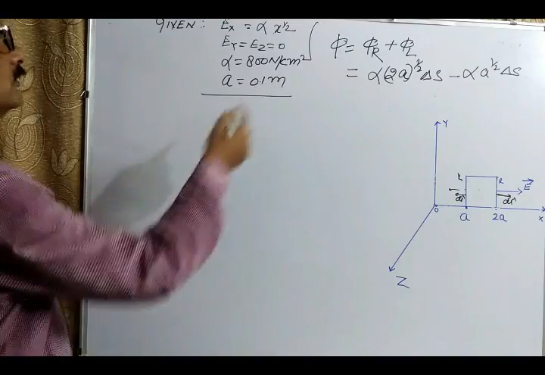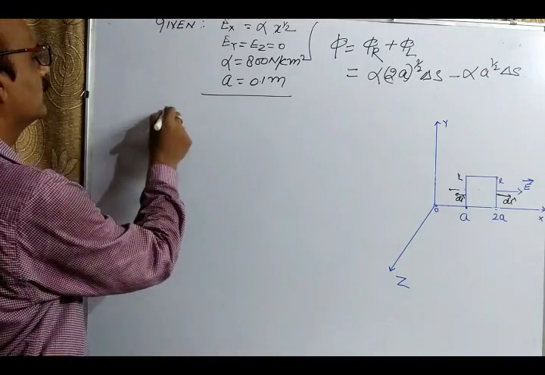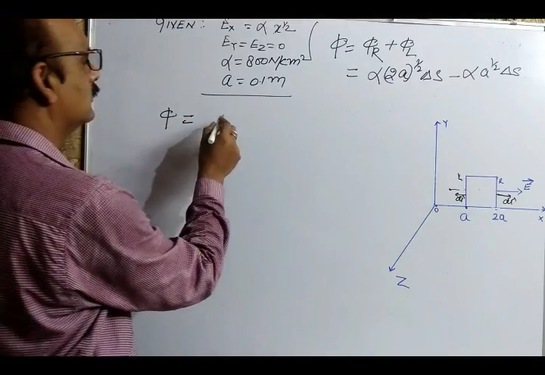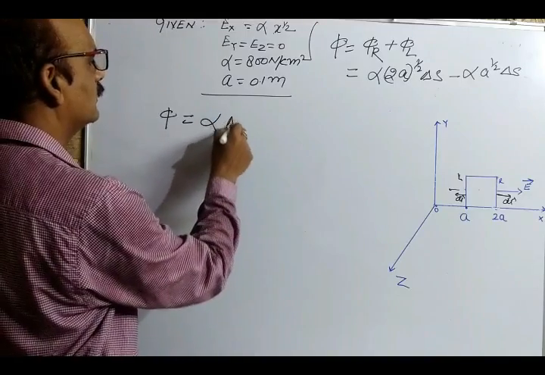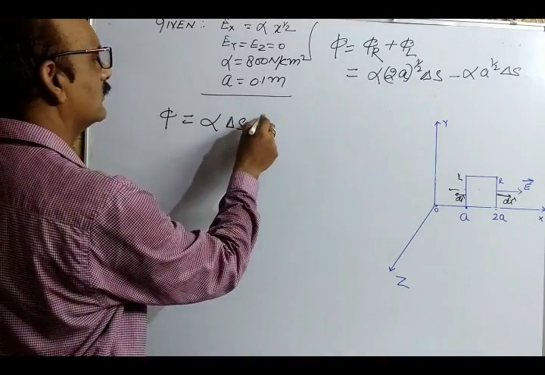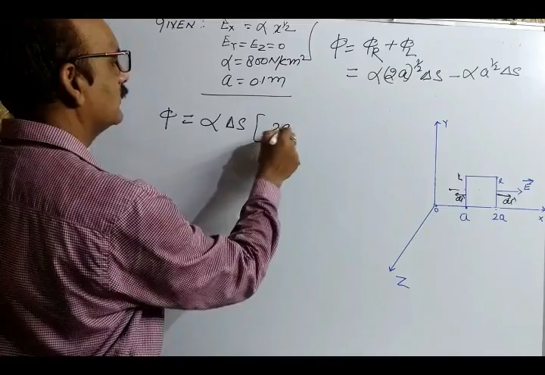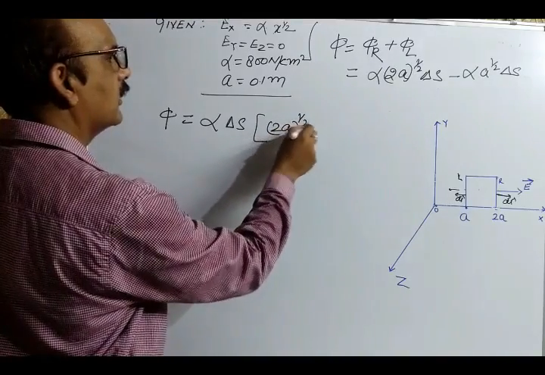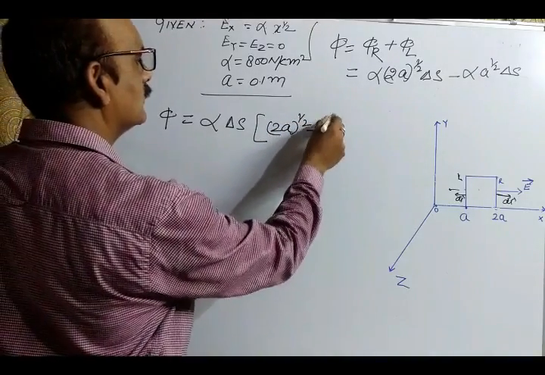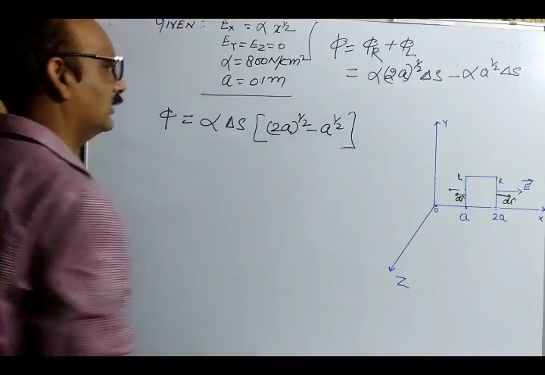Now, phi equal to alpha delta S inside the bracket 2a to the power half minus a to the power half.